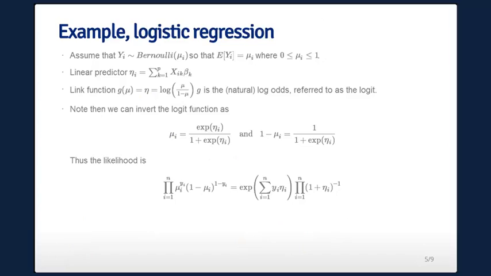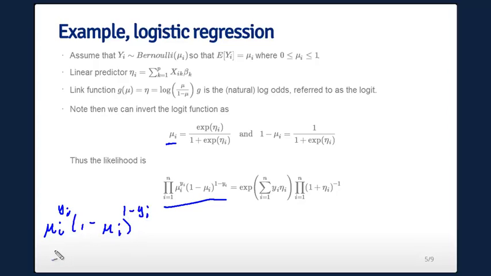Well, forget about taking the means right now. Let's just write out the likelihood for all of the mu's. You remember the Bernoulli likelihood is mu i to the yi times 1 minus mu i to the 1 minus yi.